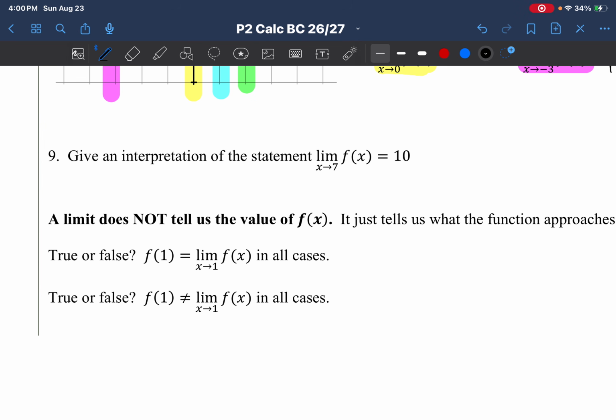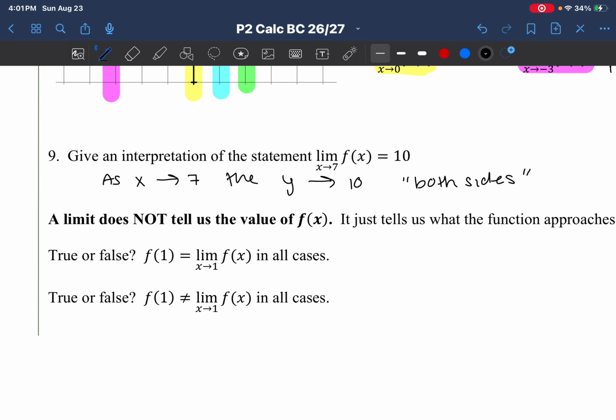Number 9 says, give an interpretation of the statement, limit as x approaches 7 of f of x equals 10. So all this is saying is that as x approaches 7, the y is approaching 10. And I'm going to emphasize from both sides.